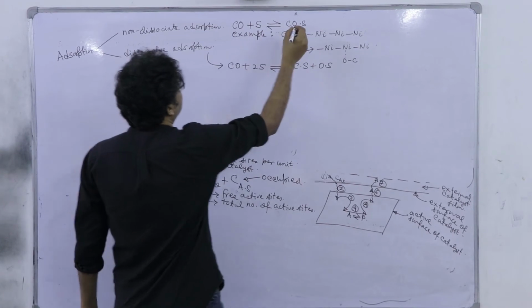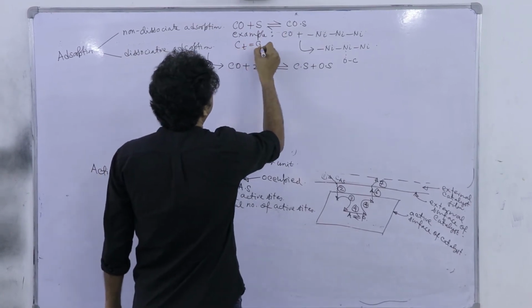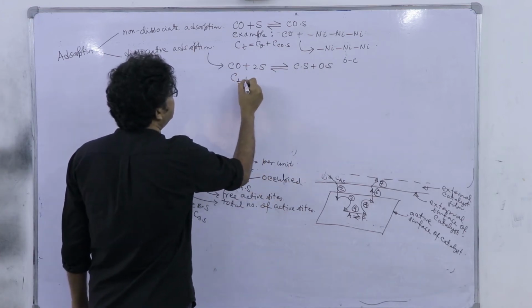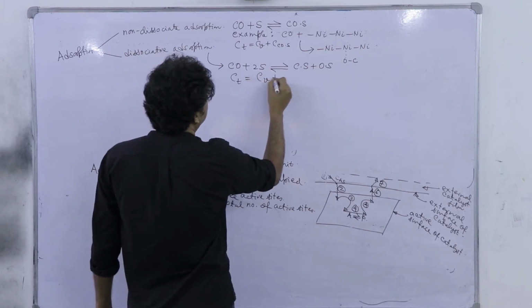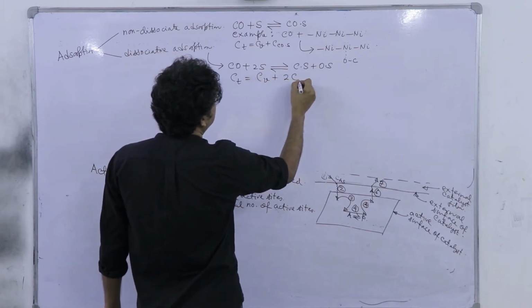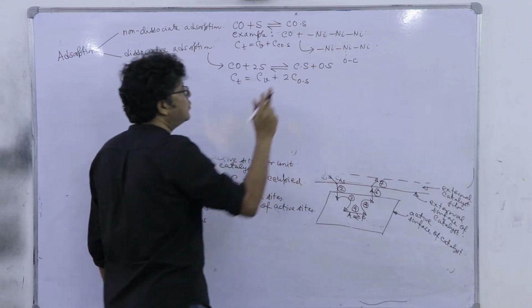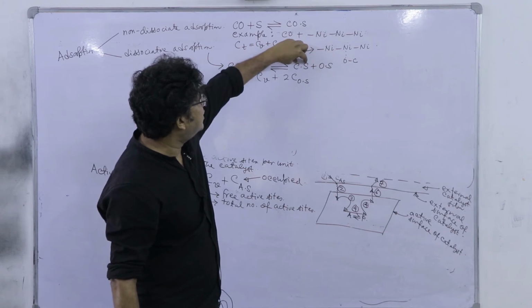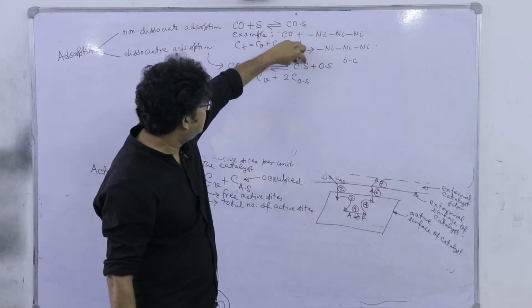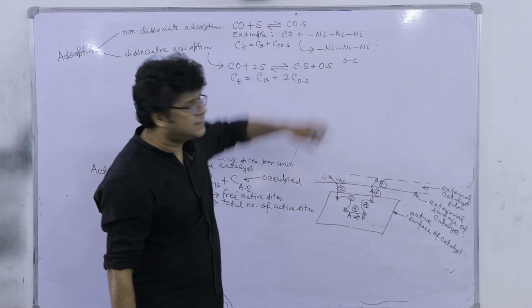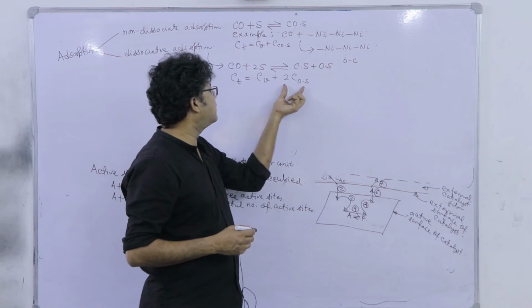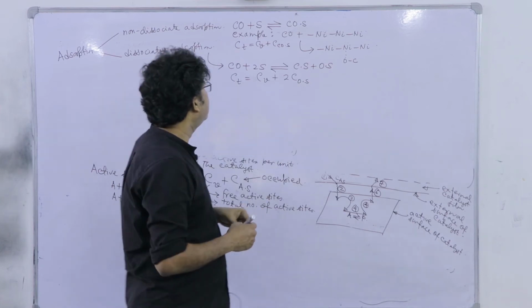And here the balance will be CT is equal to CV plus 2 CCO dot S, or 2 CC dot S, right? Because according to the stoichiometry, the number of this type of active site and oxygen adsorbed active site are the same. Okay, they are identical. So 2 CCO dot S.